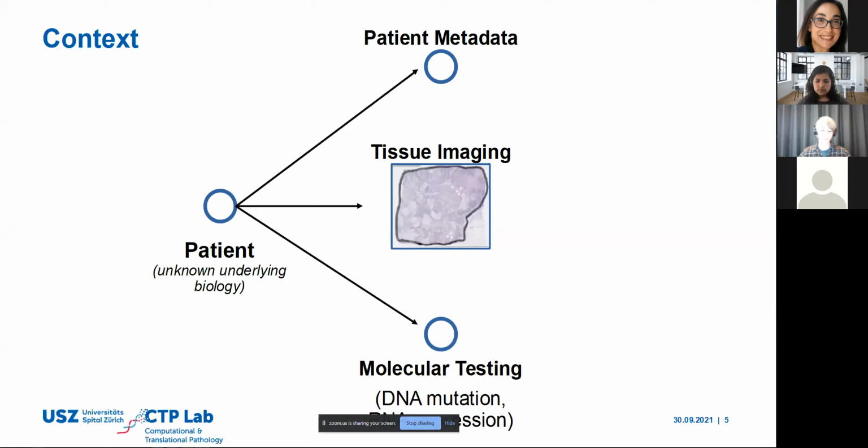So first, I would like to introduce you to the context of this use case. In precision medicine, it is essential to collect as much information as possible about the state of a disease, such that a clinician can assess the prognosis of cancer patients and decide on an optimal treatment plan.